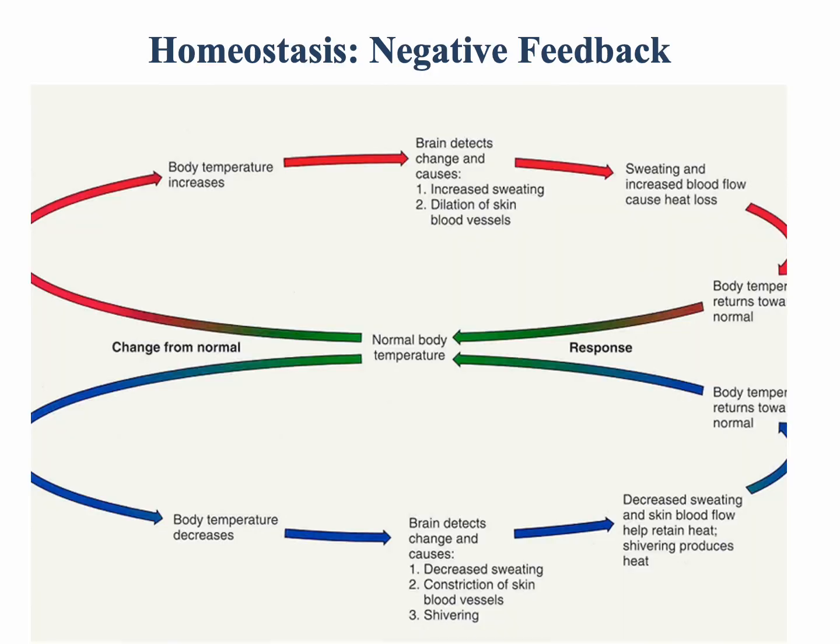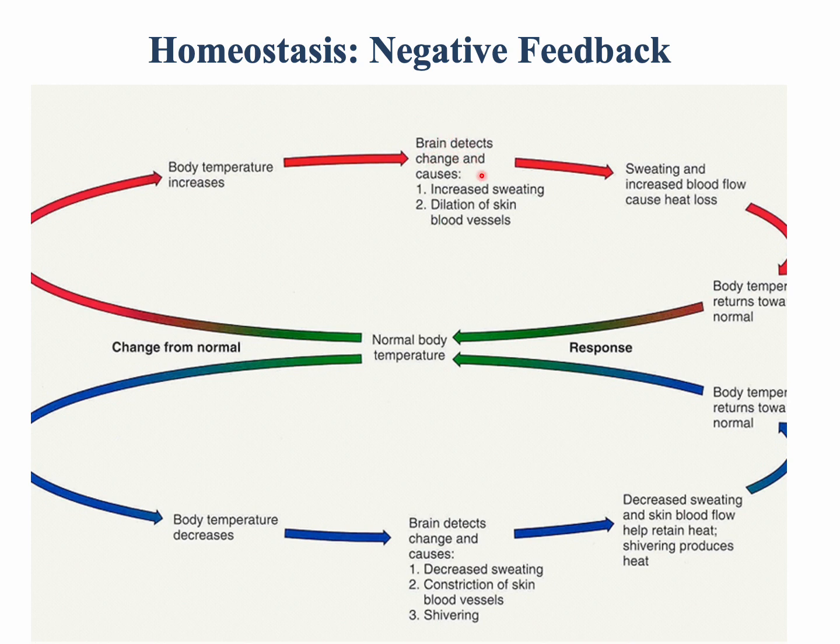One of the other most common examples that they give for negative feedback is body temperature. Once again, we have normal body temperature here in the middle, and then we say body temperature increases. That's the input information. Remember, it's going to send it to the integrative center or the control center, in this case the brain. The brain is going to detect the changes.